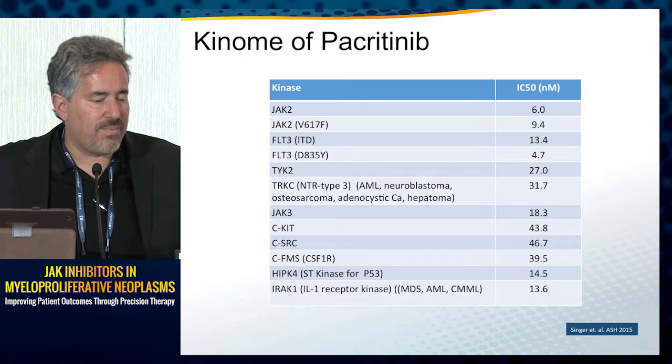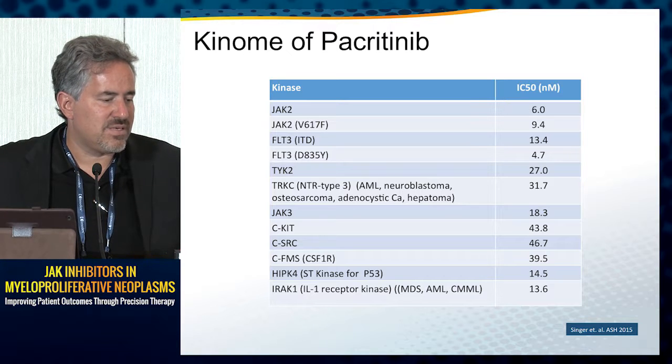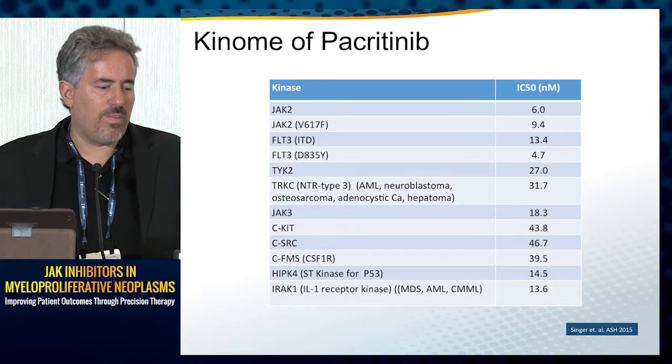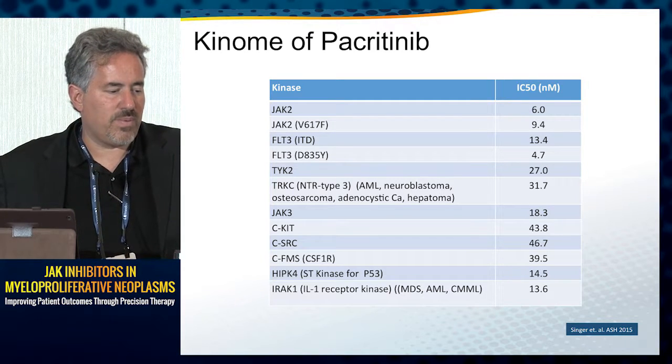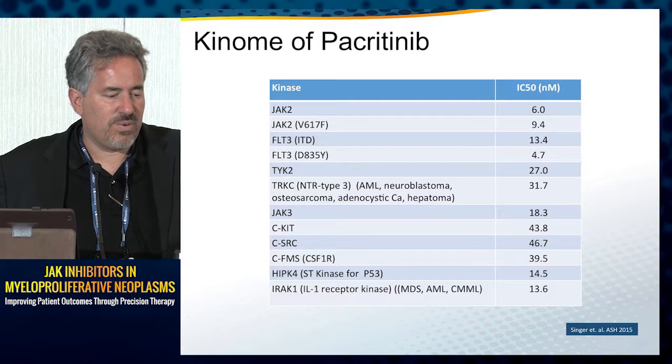We've speculated on mechanisms for this, and there's a paper that is in press that has identified an impact on the kinome by pacritinib, which may be responsible for some of these differential effects, including looking at the kinase IRAK1.